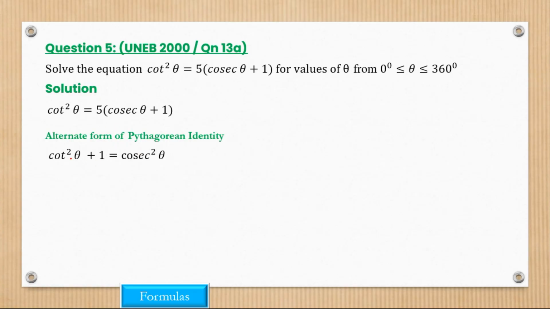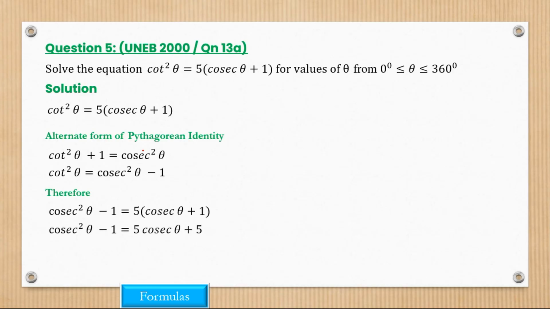So from this identity, we can see that cot squared theta is cosec squared theta minus 1, and then we can substitute that value in there. So cosec squared theta minus 1 is equal to 5 bracket cosec theta plus 1. When you open the brackets on the right hand side, we have 5 cosec theta plus 5. And then when you collect like terms, we have cosec squared theta minus 5 cosec theta.